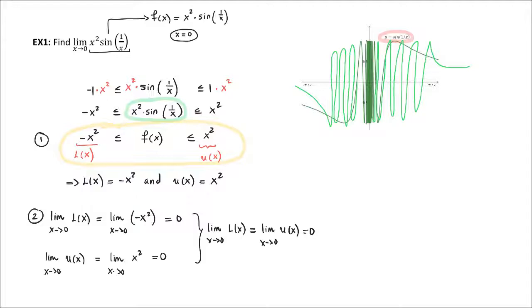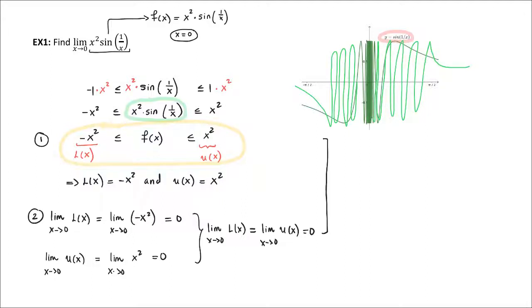So now, when you put conditions 1 and 2 together, condition 1 shows that our function is trapped by L and U. Condition 2 now shows that the limits of the outer functions as x approaches 0 exist, and those limits are identical.